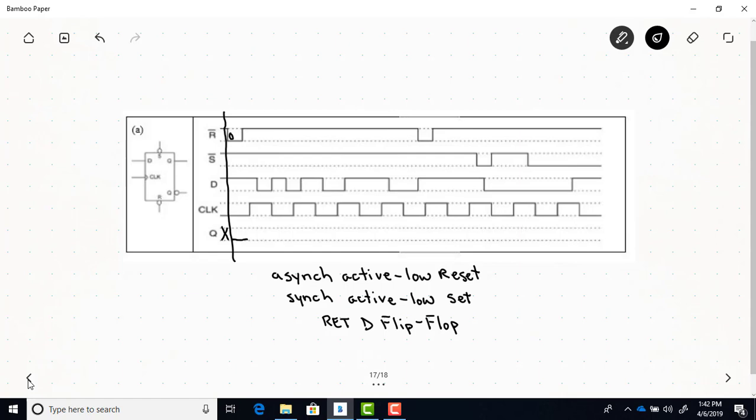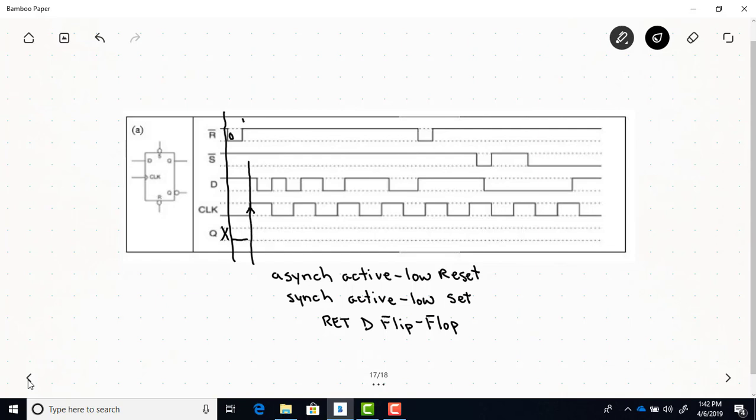so that's why I think the best way to show this is, again, this X just means we don't know what the Q value was prior to that active low asynchronous reset occurring. Okay, well, the next thing that changes here is now the asynchronous active low reset goes high, so we're no longer resetting at this time, and that happens just before this first rising edge of the clock.